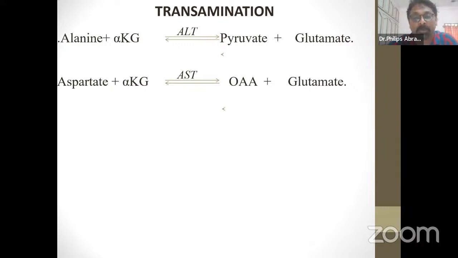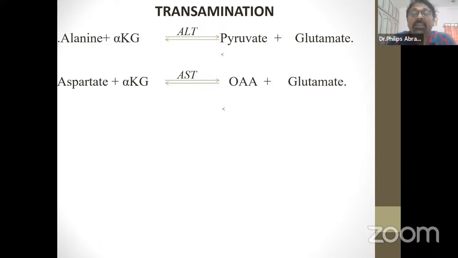So the transamination process provides substrate for gluconeogenesis during fasting conditions. So that's the third significance of transamination. Last one, we have seen glutamate. That means most of the non-essential amino acids can be synthesized by transamination. So from each word, you get 1 point.